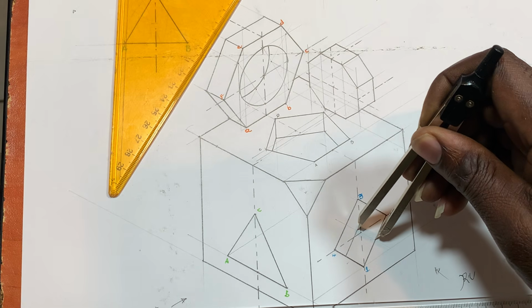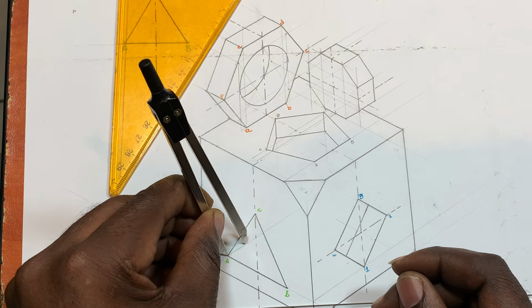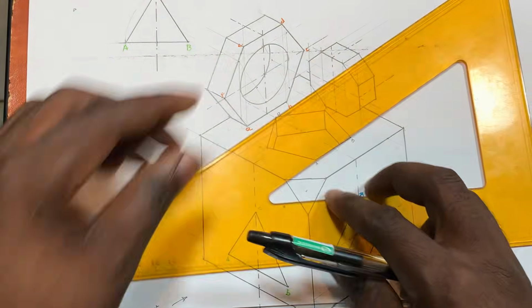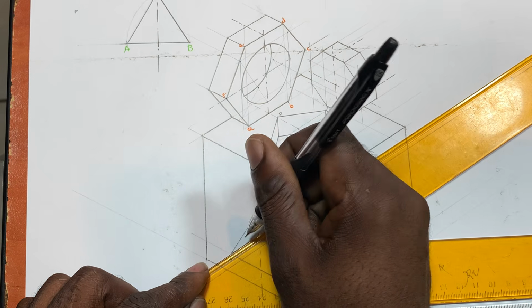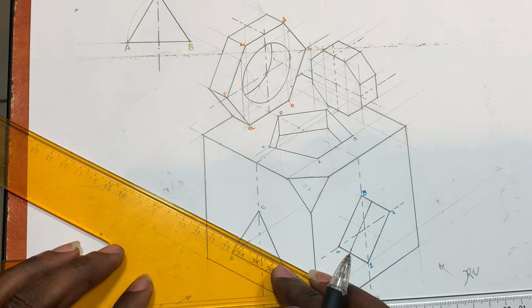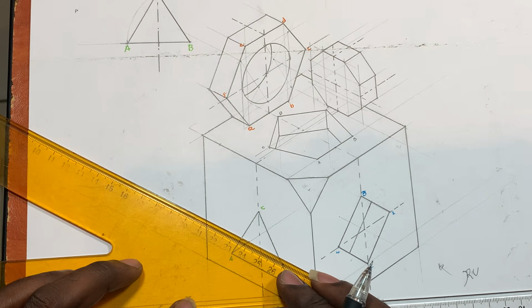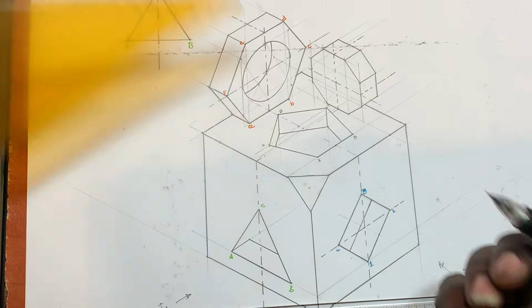This is it. Then now come and just place here and mark here. So which means I can have this one solid and this one solid. You understand?